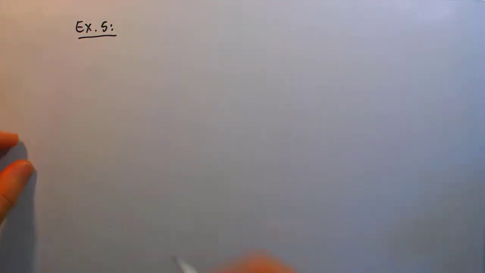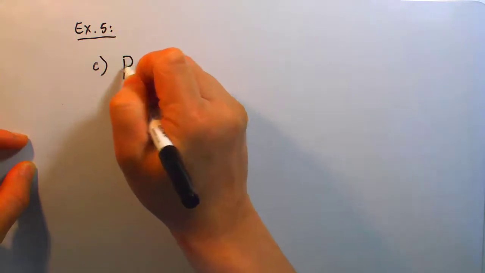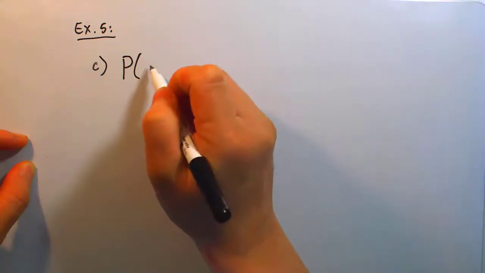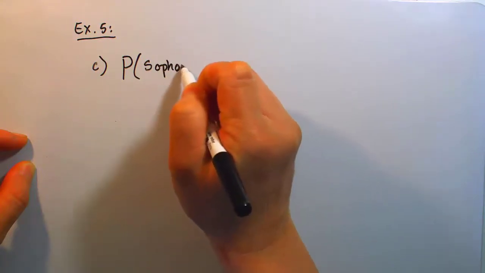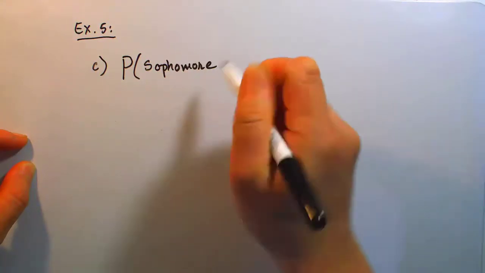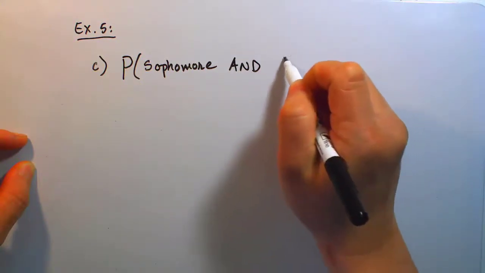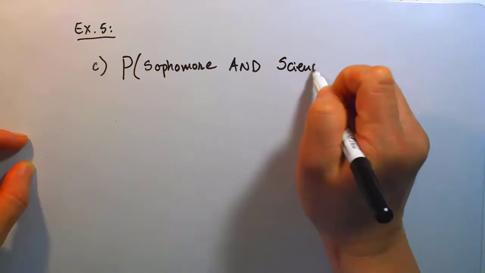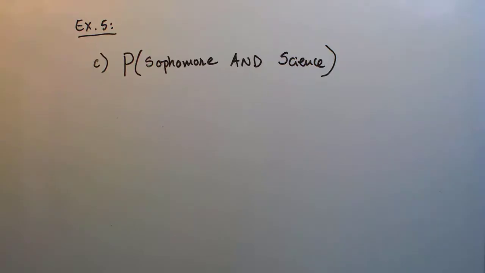In a different question, how about question C? Find the probability of selecting a sophomore and being in science major. So once again, back into the table.